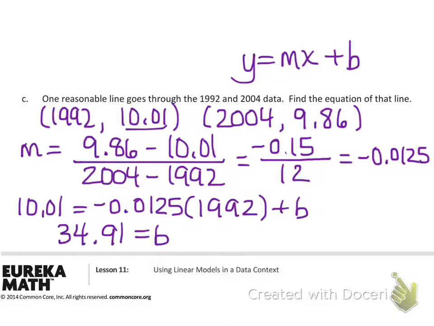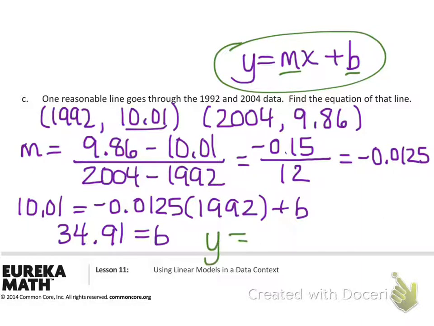So my linear model is going to be this y equals mx plus b, and I'm going to put my m and b in there. So I'm going to get y is equal to negative, now we wanted a negative slope, right? Didn't mention that before, but it should be a negative slope because it's a negative trend on the points, plus 34.91.